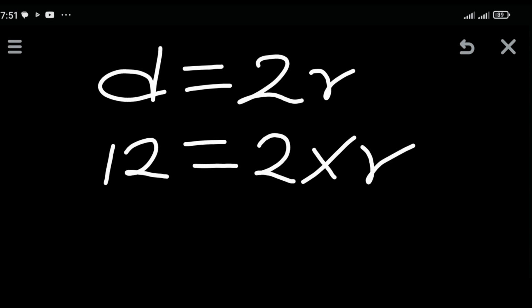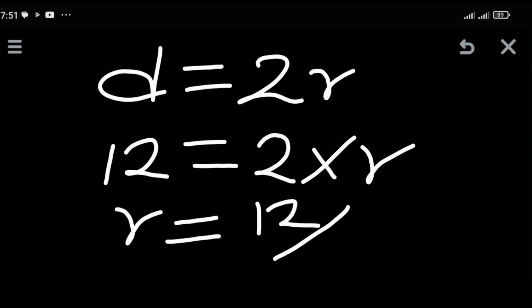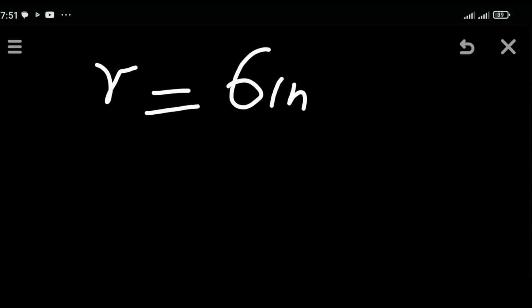Making the radius the subject of the formula, we have r equals 12 over 2. Dividing 12 by 2, we have our radius to be equal to 6 inches. So this gives us our radius.